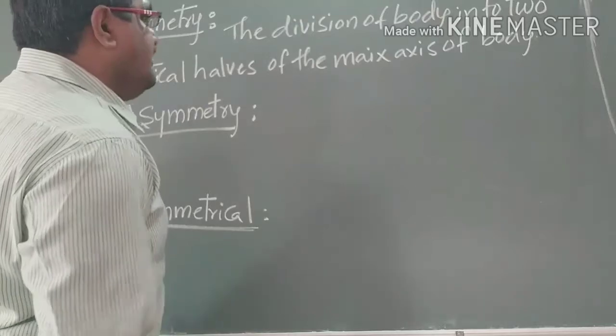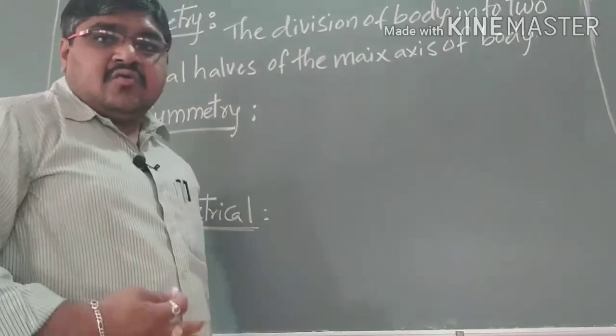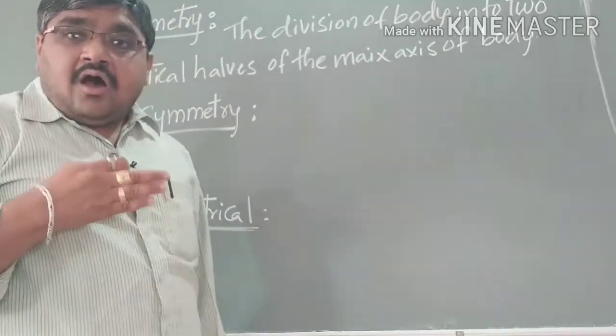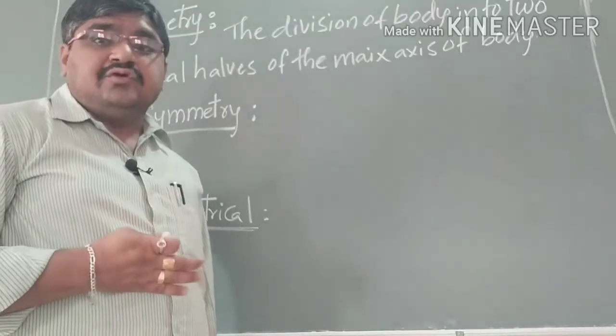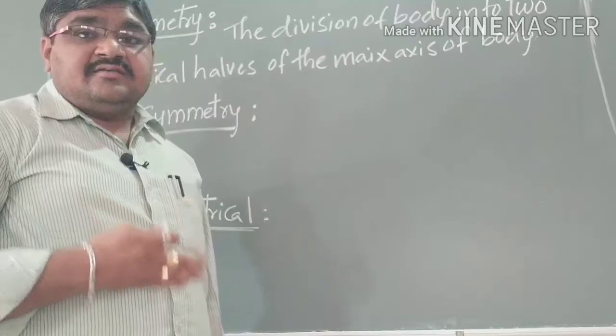Asymmetry means the division of the body in any direction cannot produce two identical halves, then it is called asymmetry.